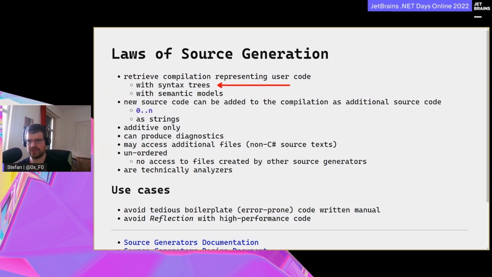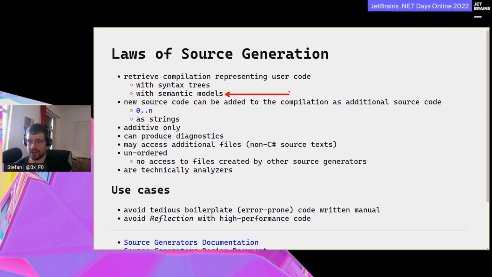How this looks, we'll have a look at in 3 minutes, which include the source code that the user has written. Also, the rest of the compilation, for example, the user's project may include a project reference or a package reference, and these you can all get through the compilation.